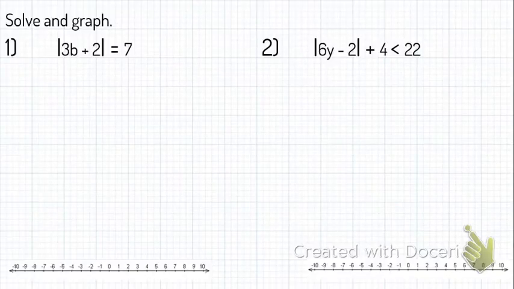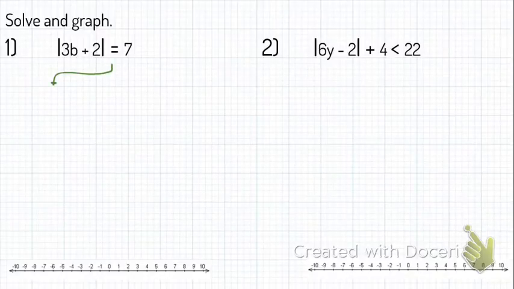Here we go. So the first thing I want to do, it says solve and graph. So I want to get the absolute value isolated on one side of the equation. There's the equal sign right here. There's absolute value here and here, so I want to isolate it. It already is, so that's nice. So since the absolute value is isolated, I can move forward and make two equations.